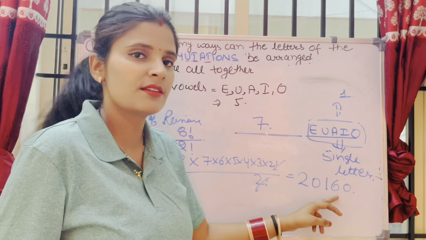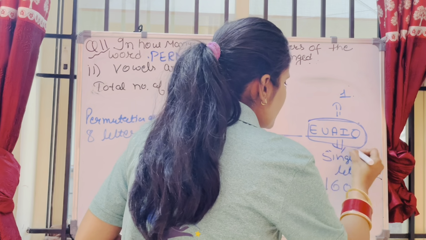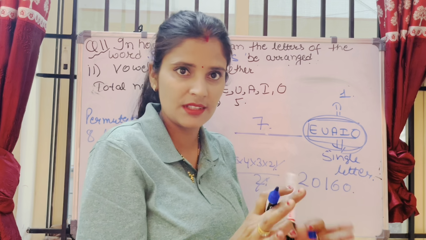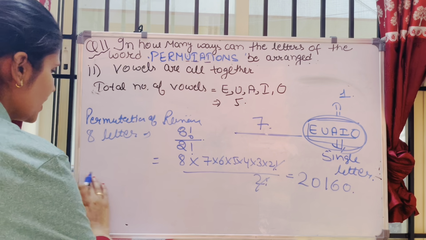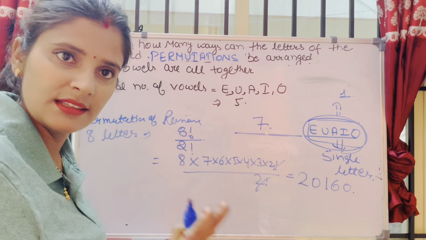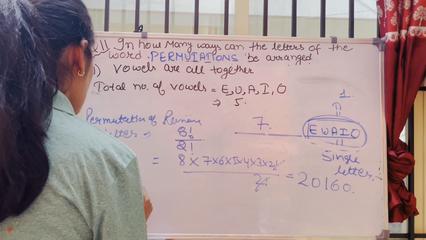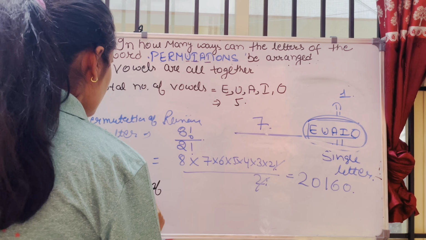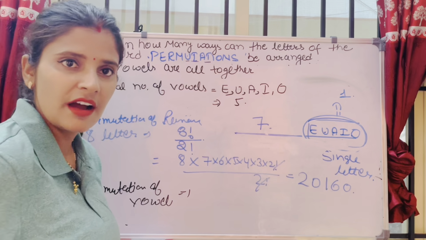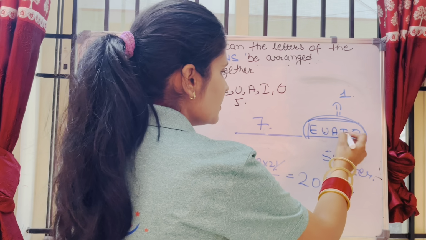So 20160. Now you can see here these vowels can be arranged among themselves. Permutation of vowels: there are 5 vowels, E, U, A, I, O, and they will also arrange.